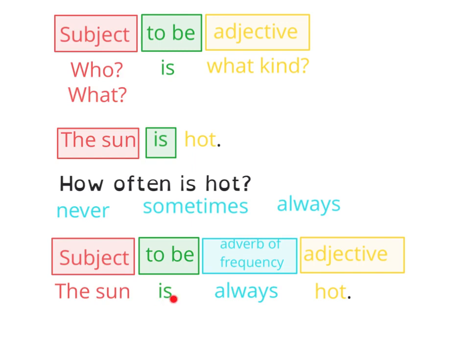So again, our adverb of frequency is going to go right here in between the verb is and the adjective. The sun is always hot.